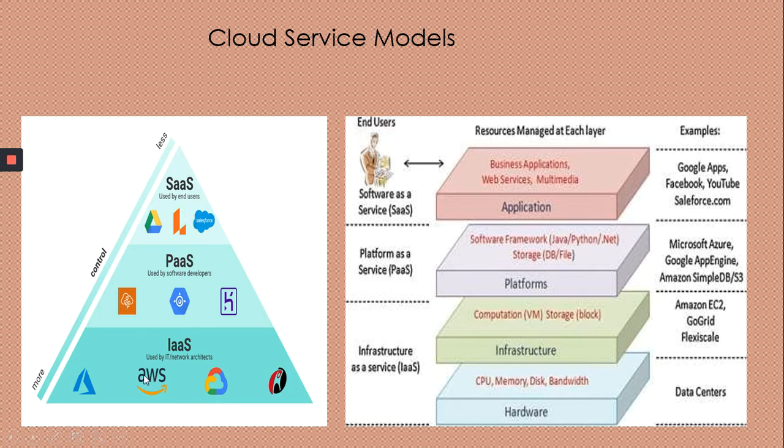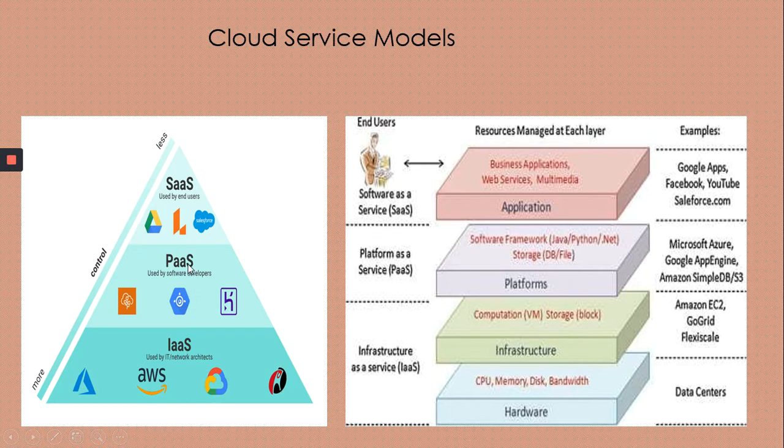You can see some examples here. For infrastructure as a service, AWS and Google. For platform as a service, Azure, Google App Engine, and Amazon SimpleDB.